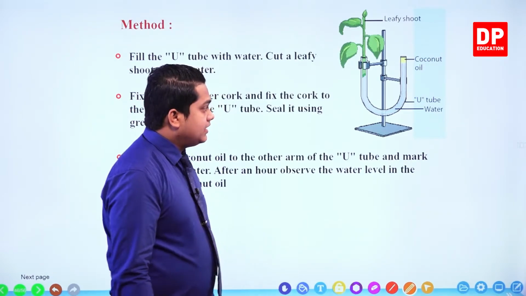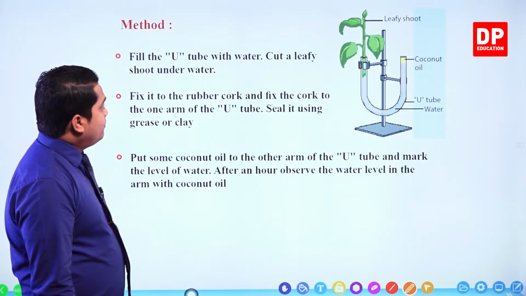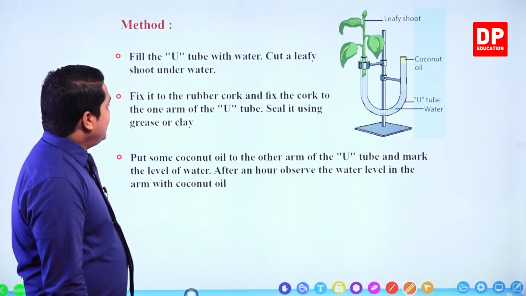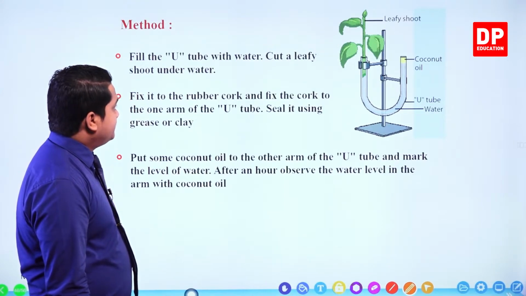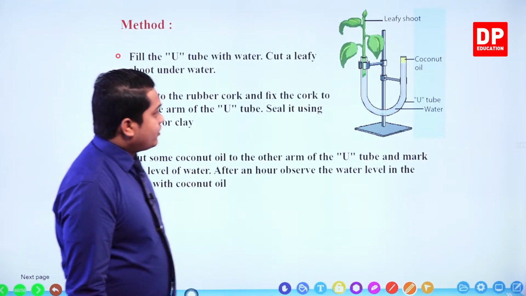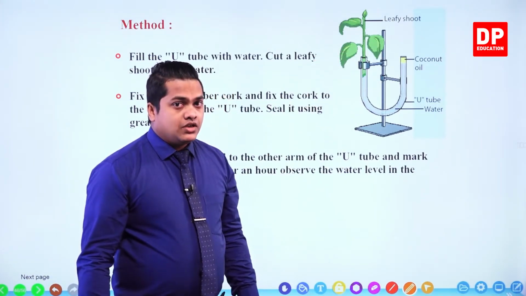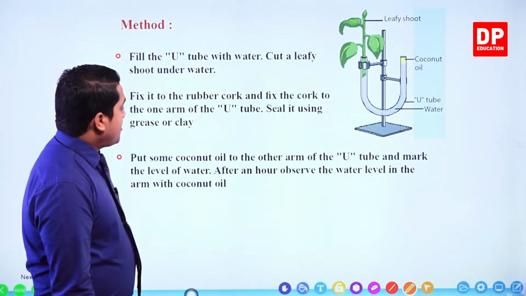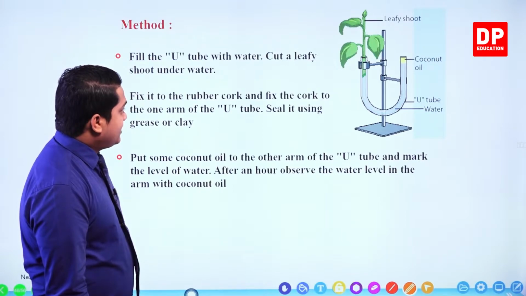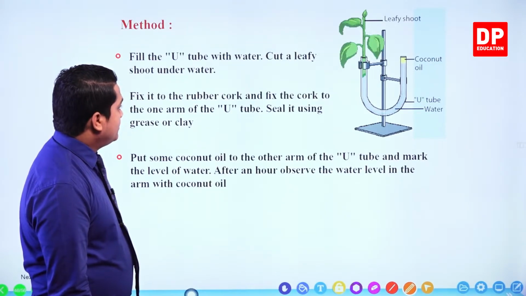So let's see what the method is. Fill the U-tube with water, cut a leafy shoot under water. So you have to cut this underwater, then insert the leafy shoot here. Fix it to the rubber cork and fix the cork to one arm of the U-tube.